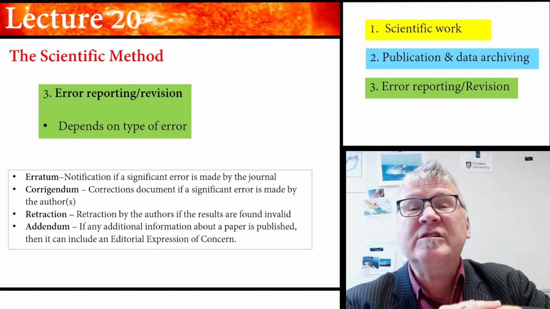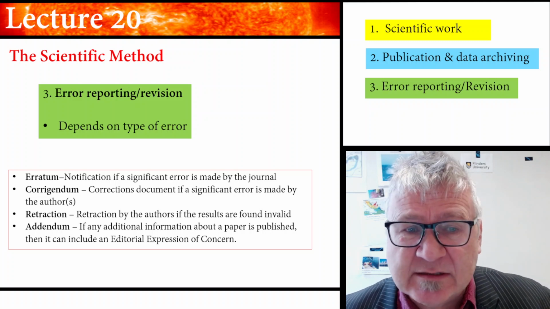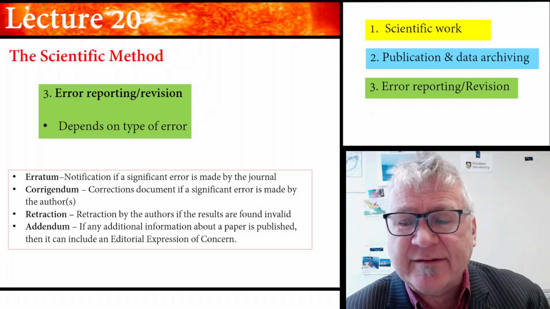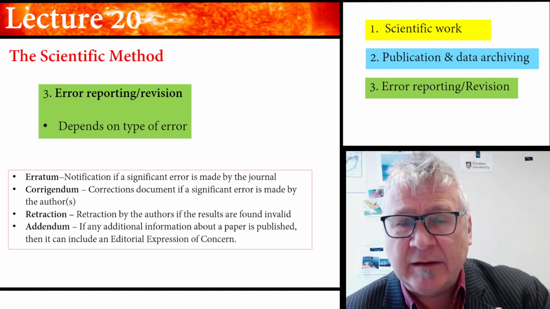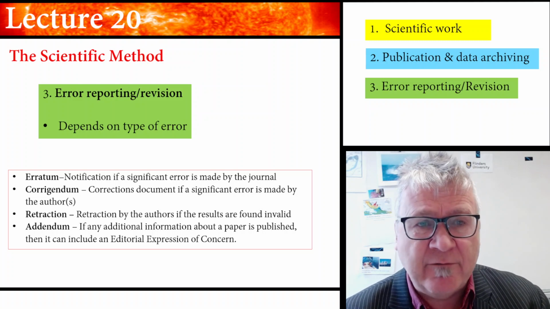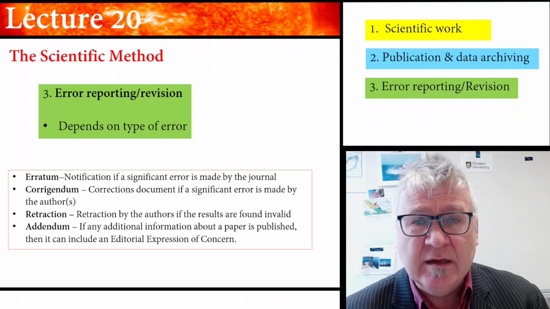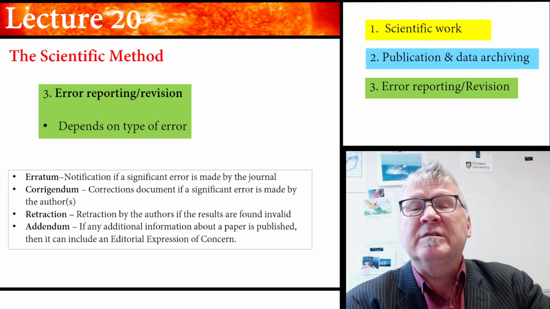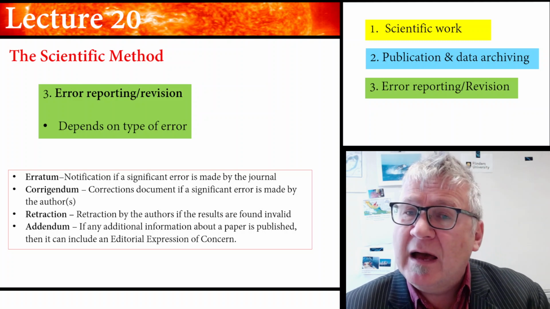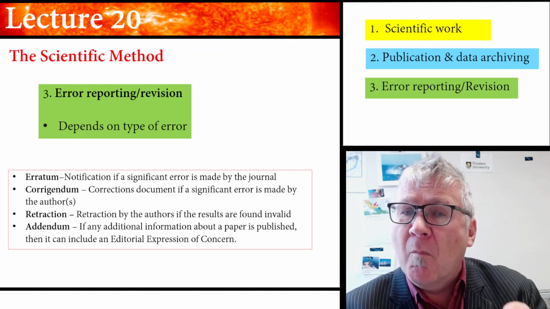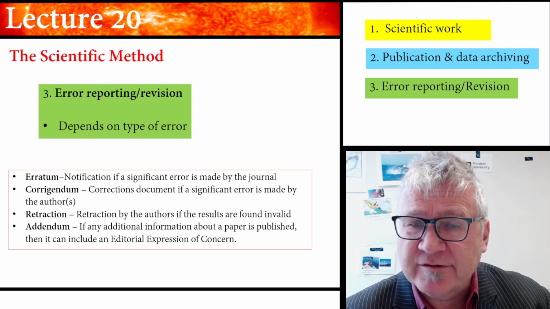But there are so many papers published nowadays, it's really hard to keep track with that error reporting and revision process. Okay? So therefore, there is a broad range of scientific journals, but some are considered more professional than others.